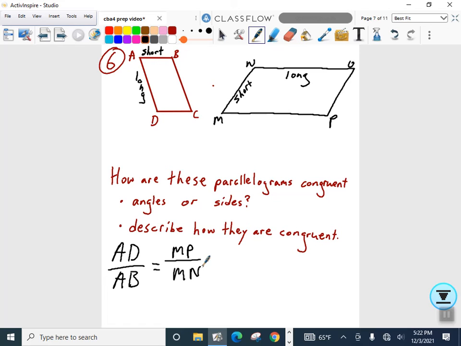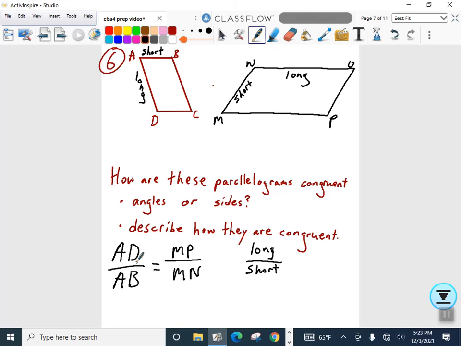Because what we're saying is long divided by short. Now, I don't know what AD is, and I don't know what AB is, nor do I know MP or MN, but I do know that the short edge and the long edge, and I can set them up in a relationship together. I do know that.